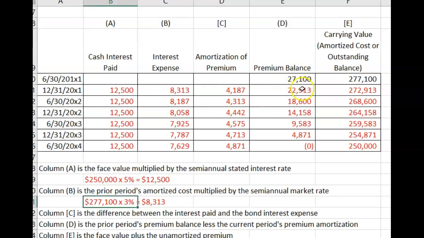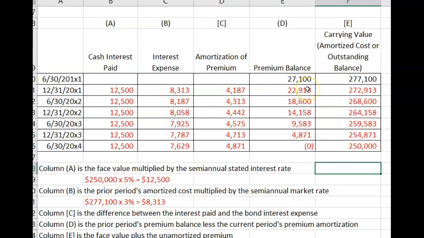The premium balance then goes down every time period by the amount of the amortized premium. So $27,100 minus 4,187 equals 22,913. And the carrying value is going to decrease each time because the carrying value is the bond's par value or face value plus the unamortized premium.